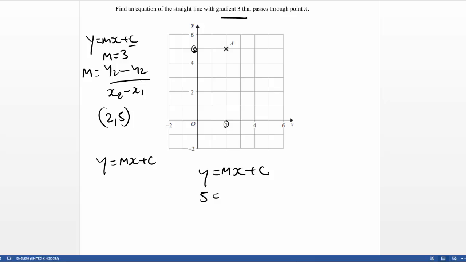M is 3, put that in brackets. X is 2, put that in brackets, plus c. So obviously that's going to be 5 equals 3 times 2 is 6 plus c. Now, obviously we are going to subtract 6 from both sides, so c is going to equal -1.